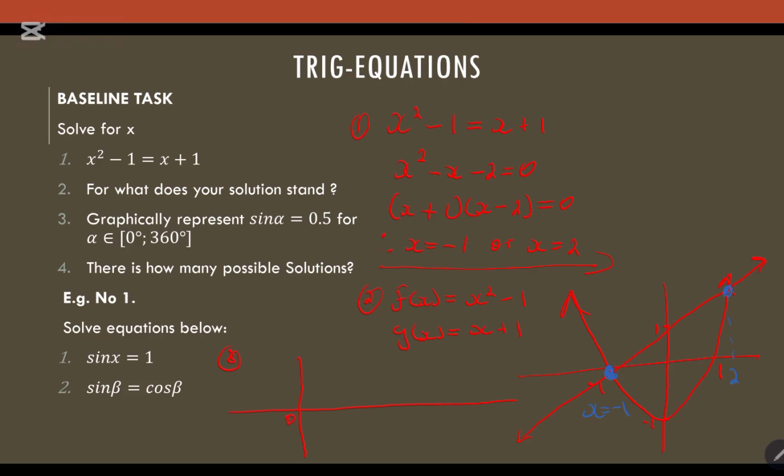We've got 0 degrees, 90 degrees, 180, 270, and 360 degrees. The graph of sine alpha has a maximum value of 1 and a minimum value of negative 1.